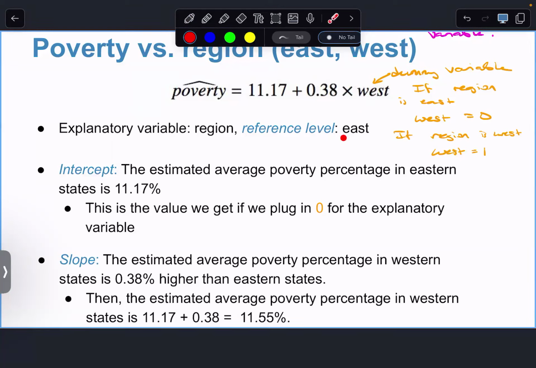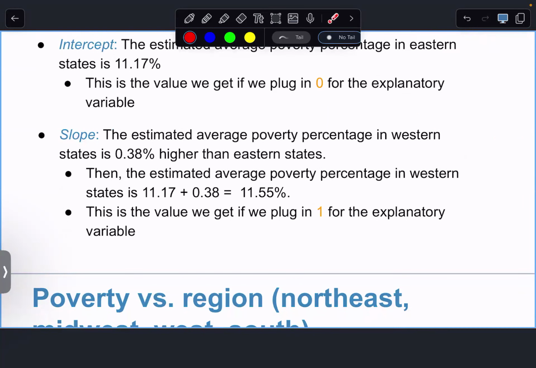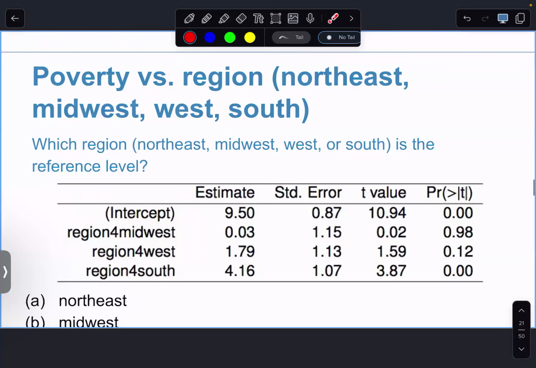Okay, and so whatever the intercept value is called the reference level. You don't need to remember that, but it's good to know. Okay, and so depending on if the west is on or off, that'll give us the two different predicted values. And with my last few moments, what if we have 4 regions?